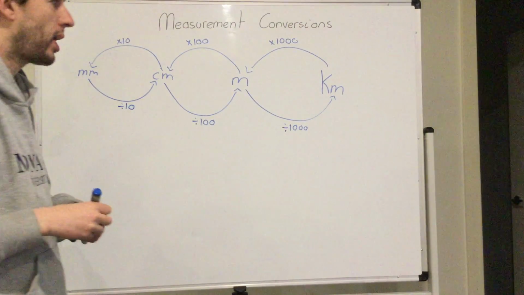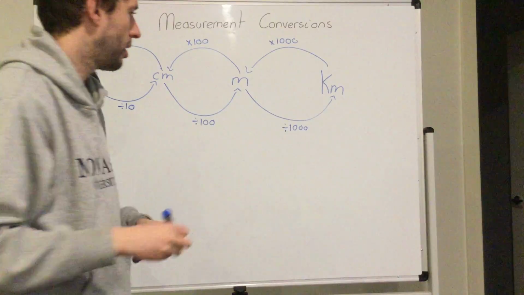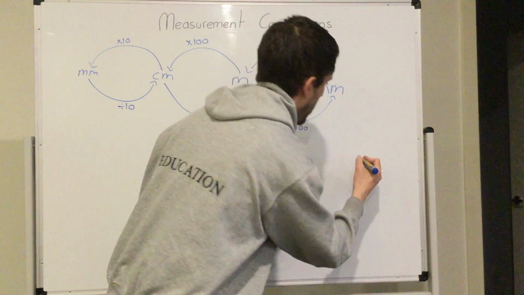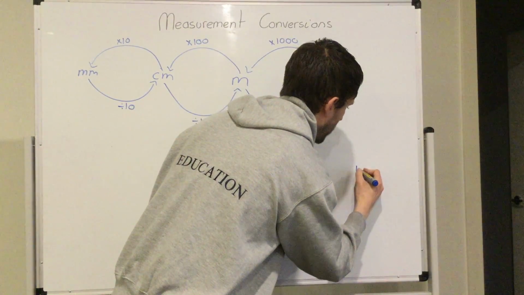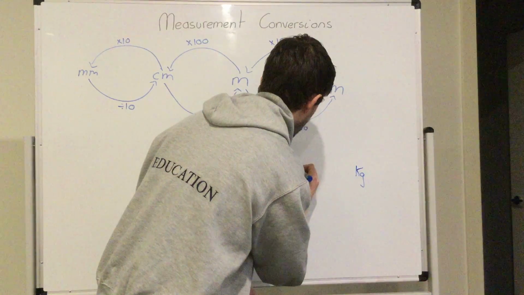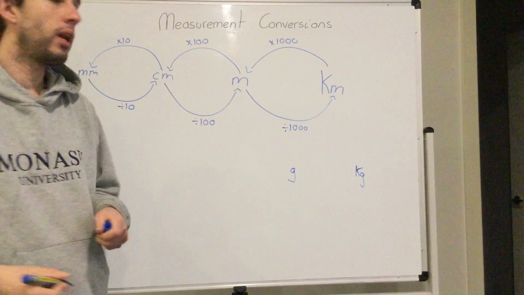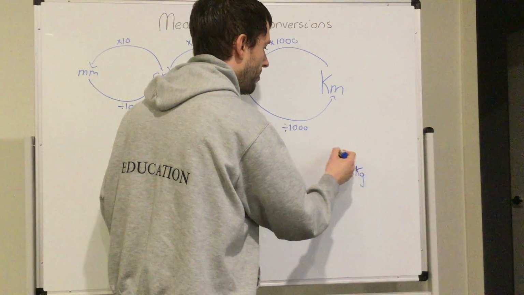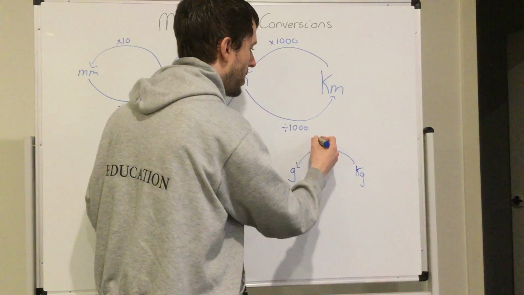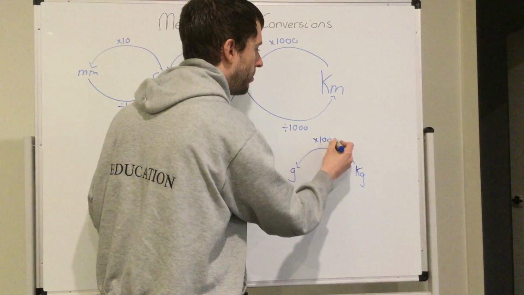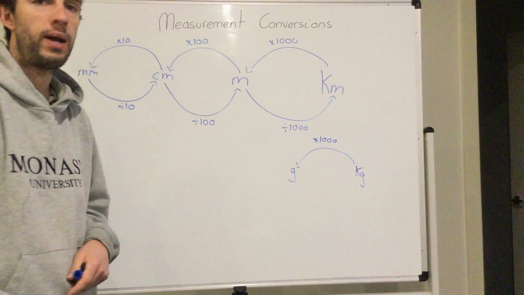Now we can also look at grams and kilograms. I'll do that down here. If I've got kilograms and I want to change it to grams, there is 1,000 grams in a kilo. So I am just going to be timesing it by 1,000 to change kilos into grams.